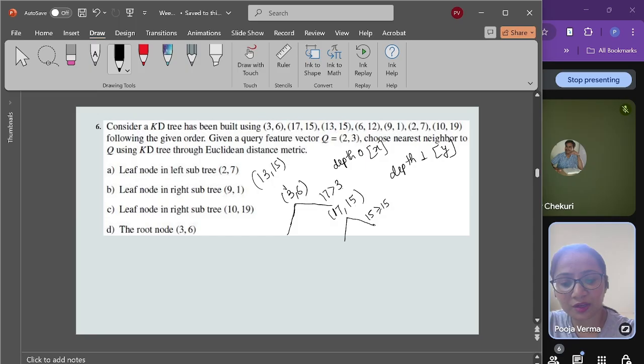If it is less than, then it will go to the left side. If it is greater than or equal to, it will come to the right side. Okay. So 13, 15 will again come to the right side. Now it is depth 2, we need to calculate based on the x. Now next value is 6 and 12. Okay.